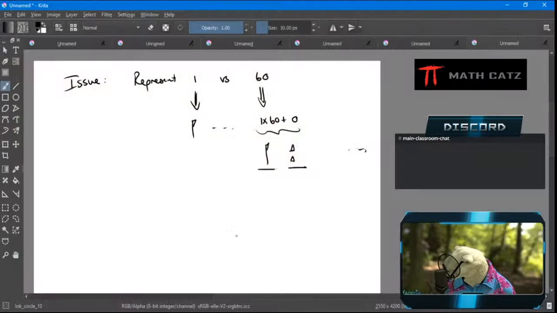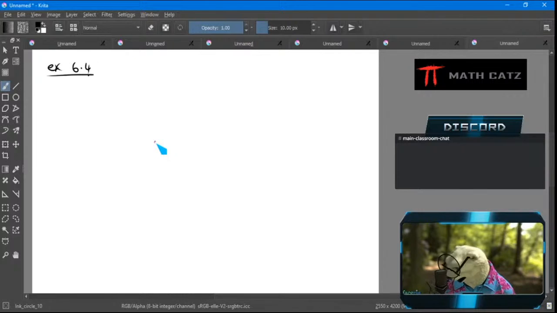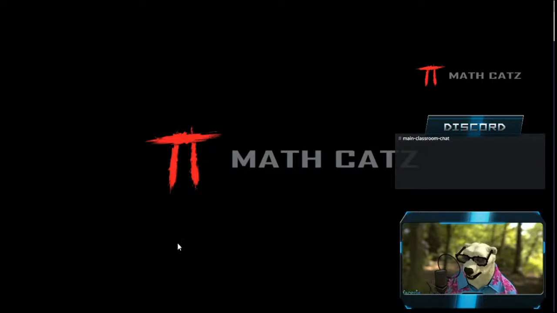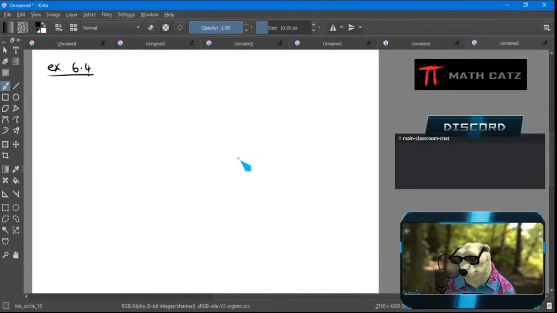We don't need to do all of these exercises, I feel, in class or on a video. It's essentially all the same with the exception of this new little empty place symbol. So I will do the first one of each and I leave the others to you as extra practice.